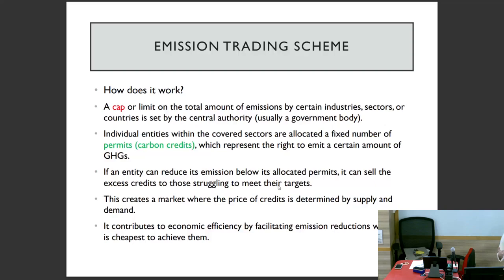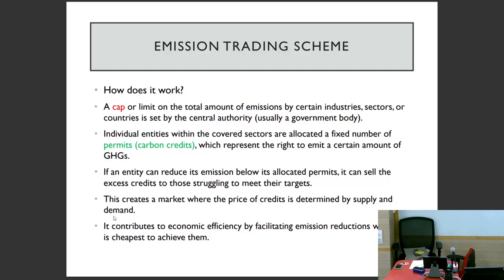So if some companies have a high capacity, high potential to reduce their emissions, then they can reduce and sell these allowances, these permits, to those who are struggling to reduce their emissions. So this creates a market where the price of credits is determined by supply and demand.